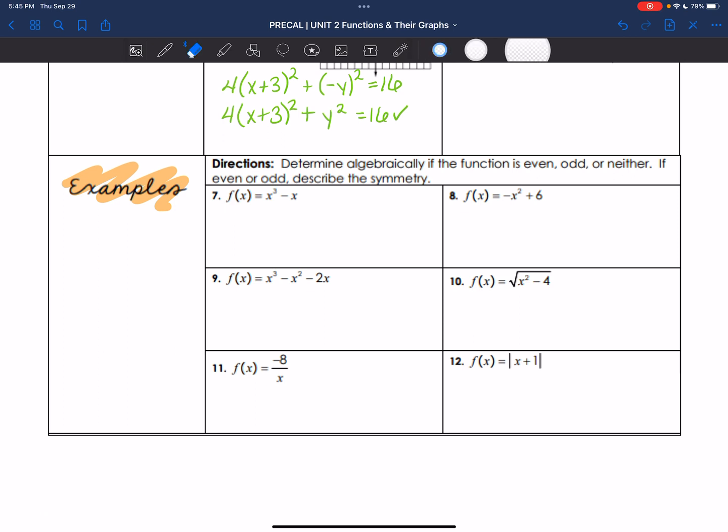If I take this function at the opposite of x, then I'm going to be taking the opposite of x and cubing it and subtracting the opposite of x. When I do so, a negative cubed is going to actually be a negative value cubed. And when I take a negative and distribute that into the negative x, that's going to be a positive x.